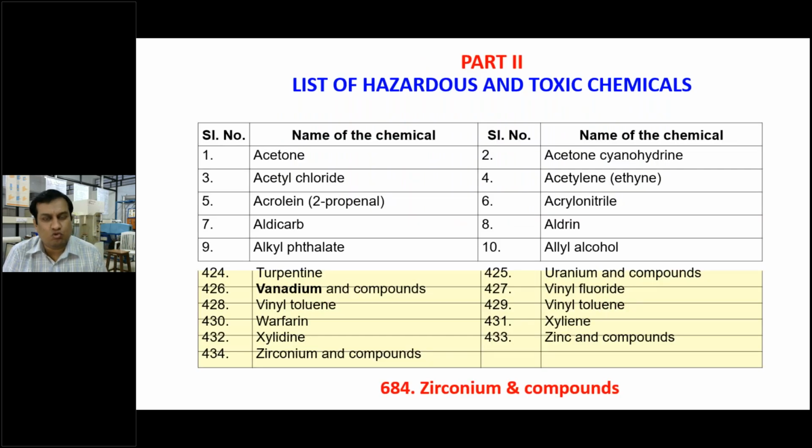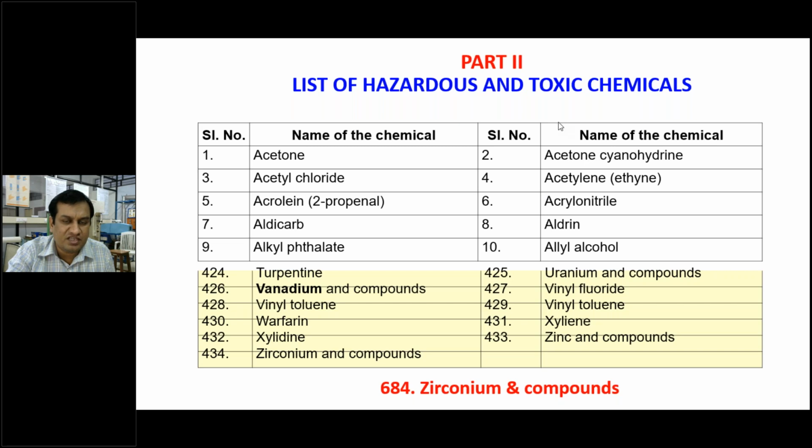So this is part 2 of schedule 1 where the list of hazardous and toxic chemicals is given. Intentionally I have mentioned the starting chemicals, then the middle part, and then the last number.